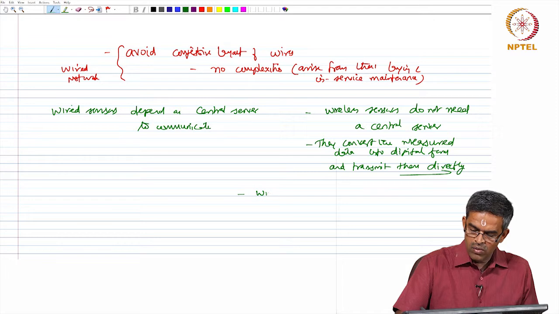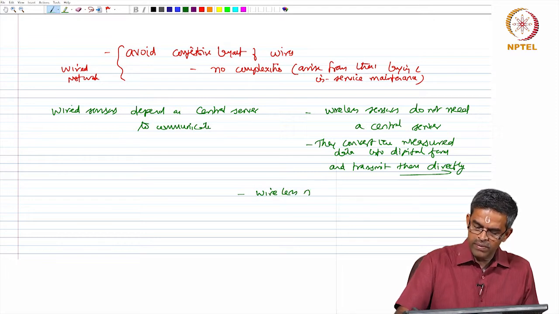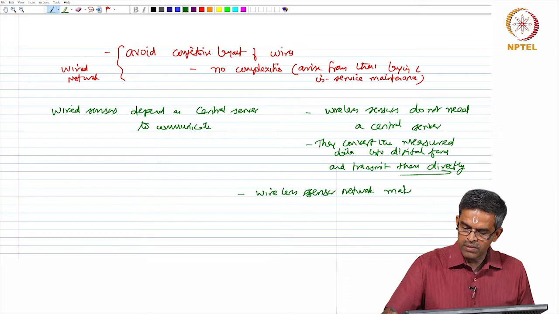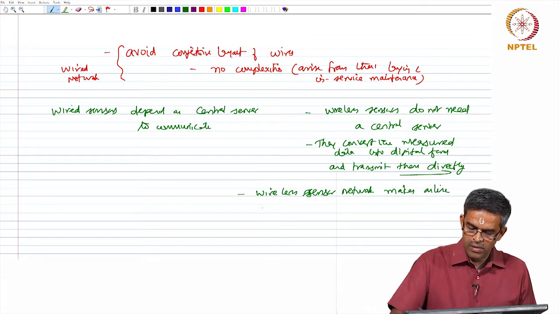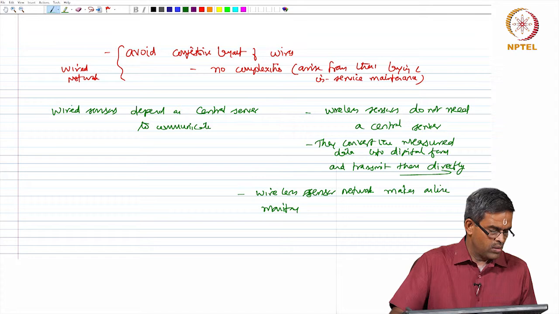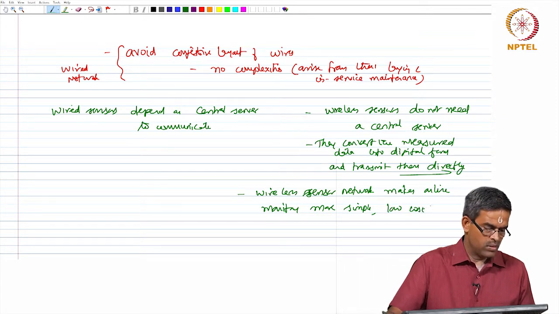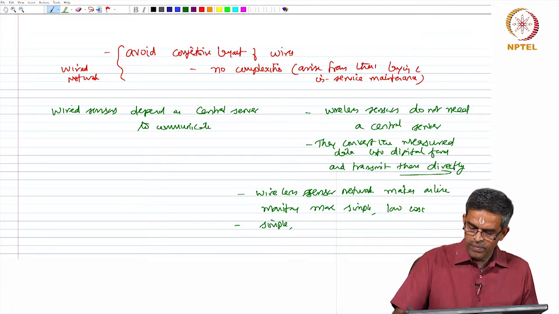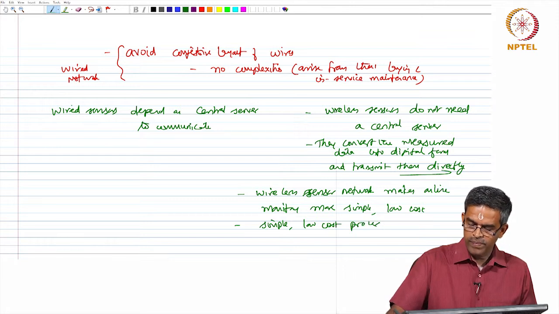Therefore, wireless sensor networking makes online monitoring simpler and low cost, and you can have a simple, low cost processor to handle the data.